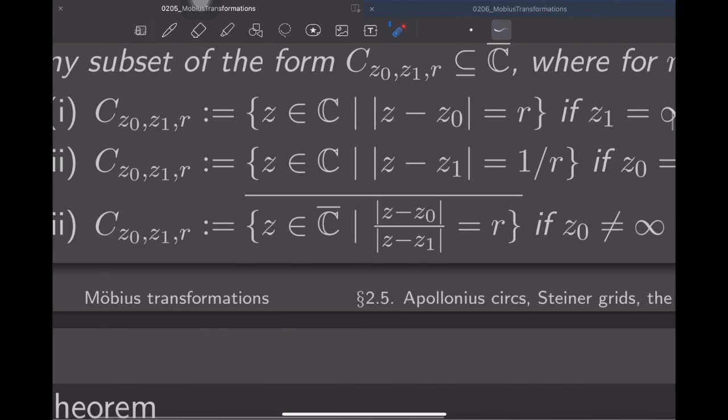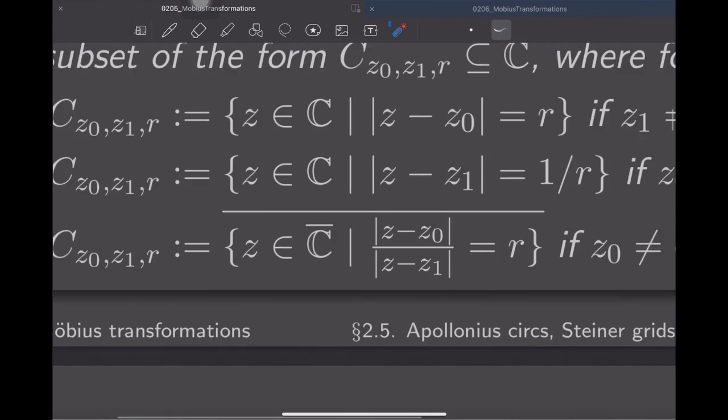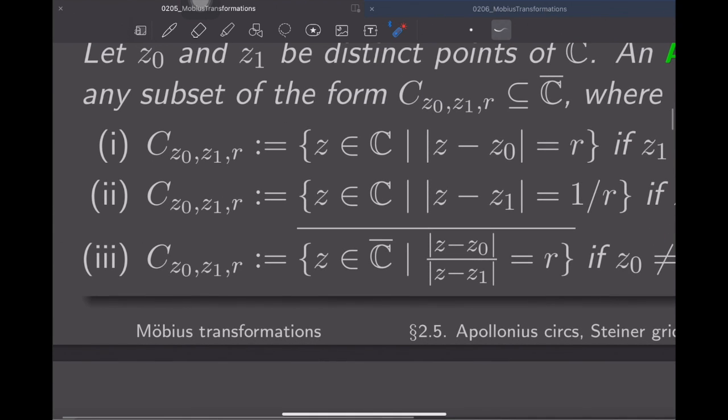Then the Apollonius circle is the geometric locus in C bar with the property that the ratio of the Euclidean distances of the point in that locus to the two given points is constant, for this R. That's not as obvious as in the first two cases that such an object is a circle.